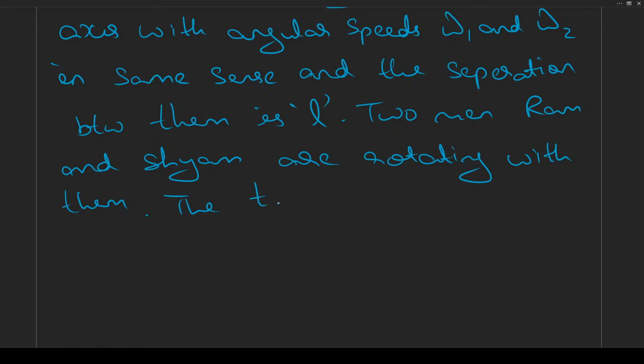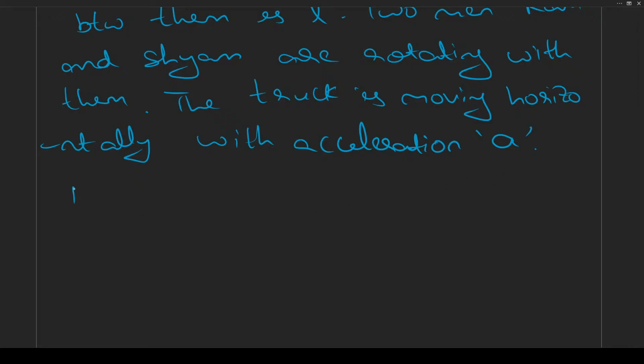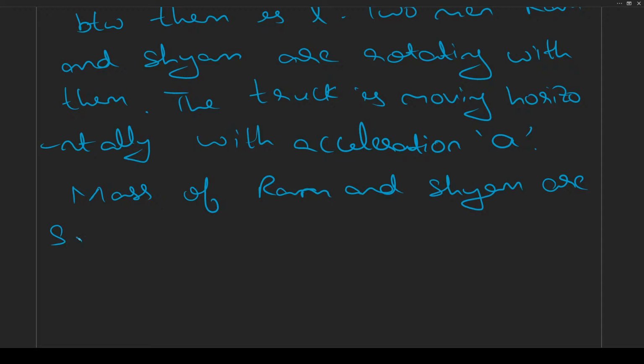The truck is moving horizontally with acceleration A. Mass of Ram and Sham are the same and individually equal to m.